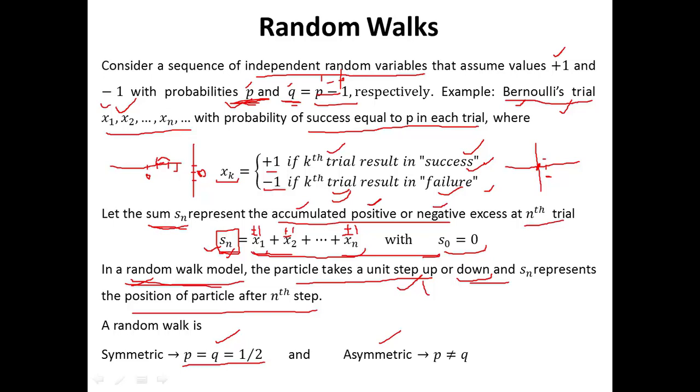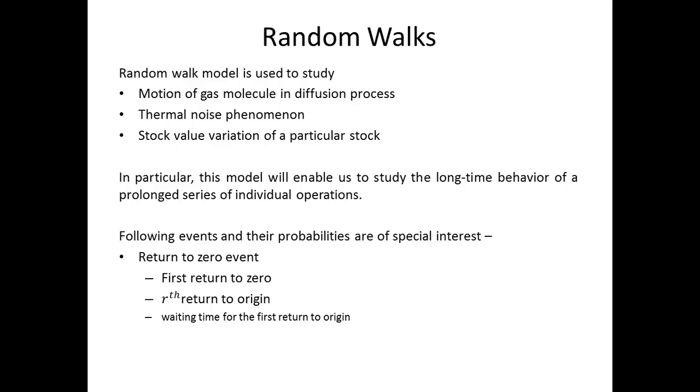So the random walk model is used to study, as a first example, the motion of gas molecules in a diffusion process. You already know what the diffusion process is: particles start moving from higher concentration to lower concentration, and the motion of those particles is modeled by using the random walk model.